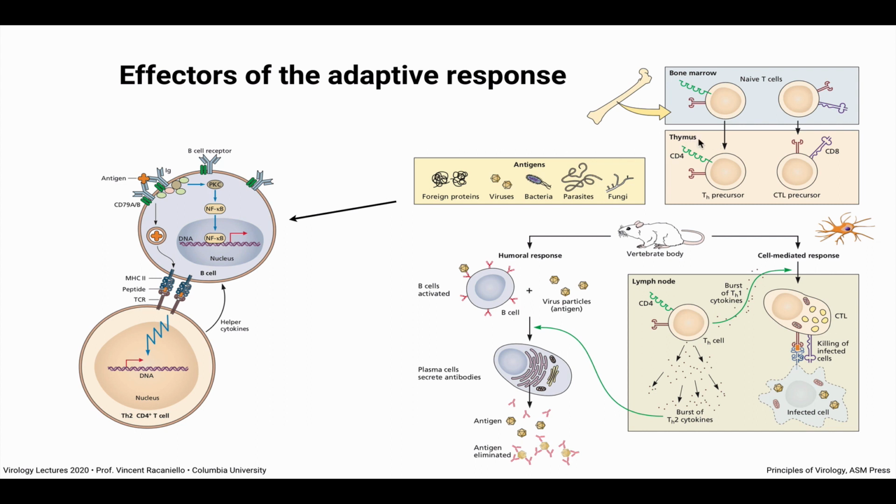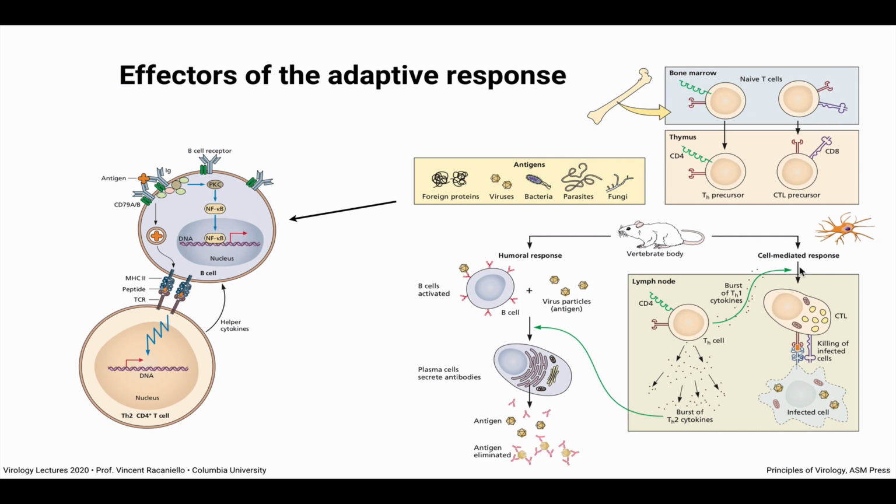They then go to the thymus, where they further mature into T helper precursors and cytotoxic T lymphocyte precursors. And of course, in the lymph node, as we saw, the antigen-presenting cells, dendritic cells, will present antigens to naive T cells. They will then become activated or mature and then participate in immune reactions.